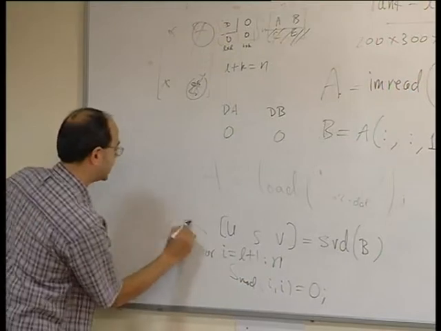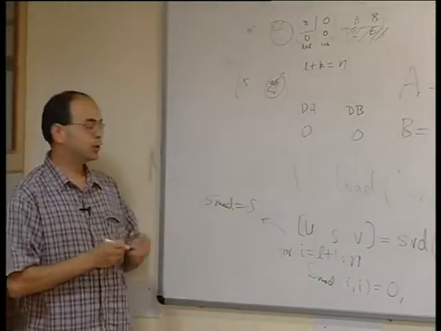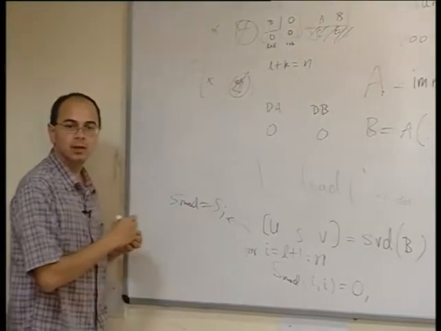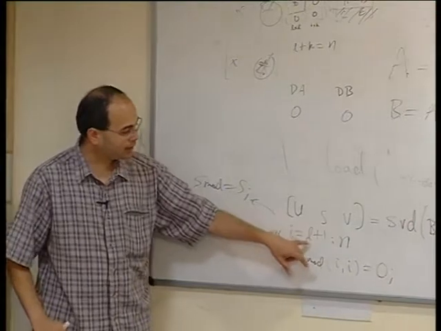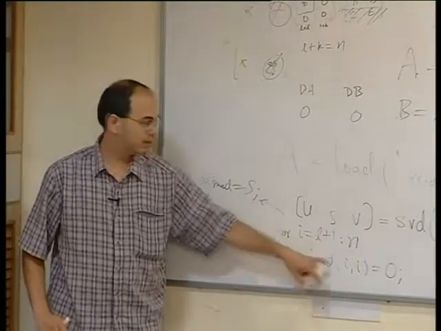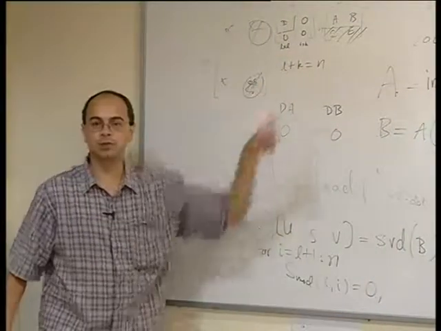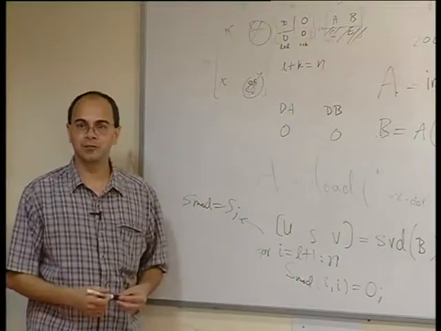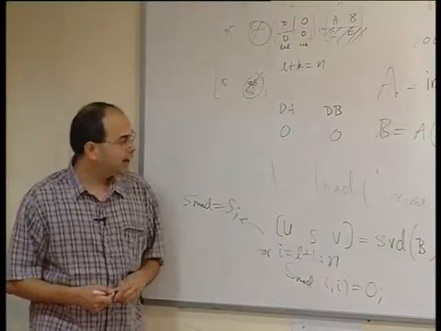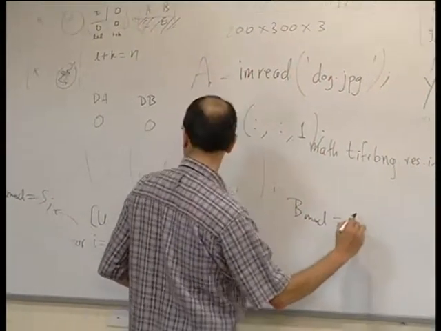Before that, you set S mod equal to S first, so these are identical matrices, and then for all i greater than L, S(i, i) equals 0, so you are setting all those things to 0. That's your modified S matrix.